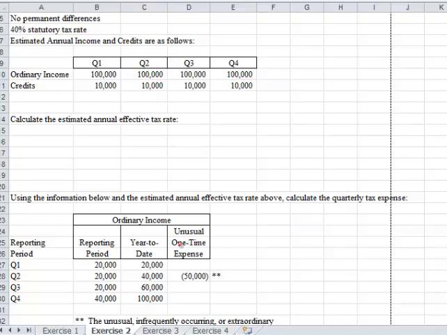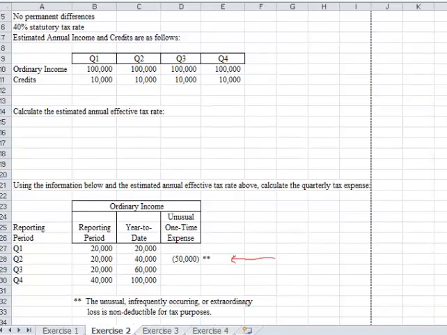The key with exercise 2 is in Q2, we have something that we call an unusual one-time expense. Okay, and we say that that expense is non-deductible for tax purposes.